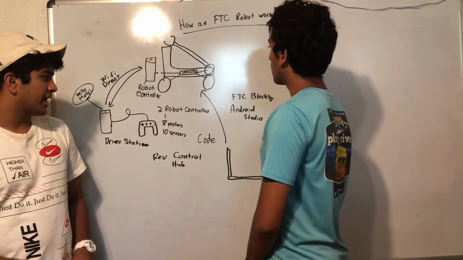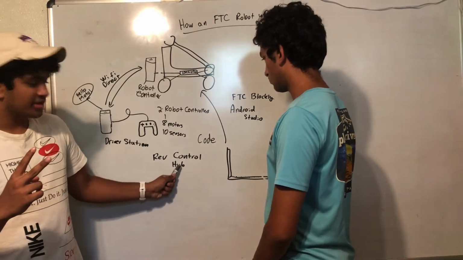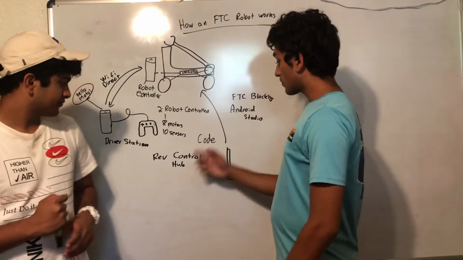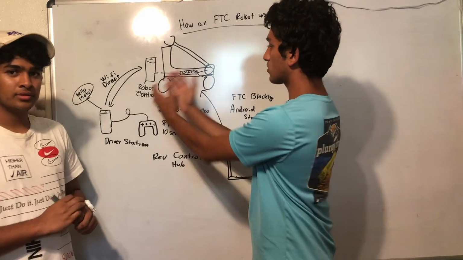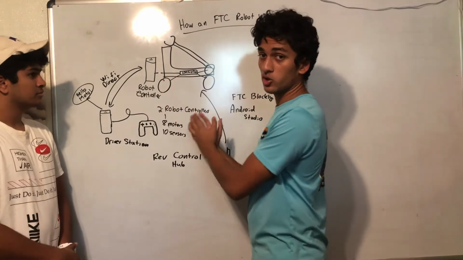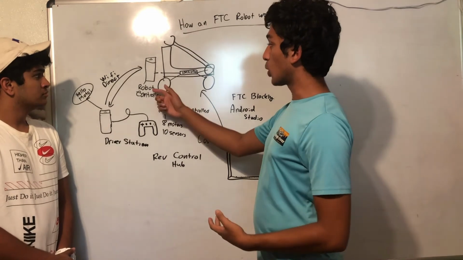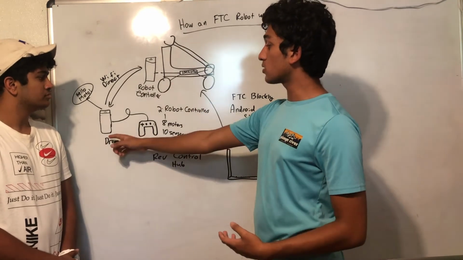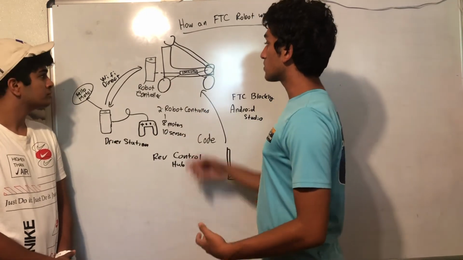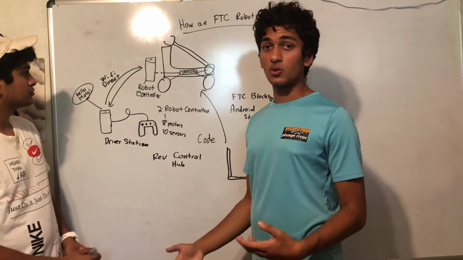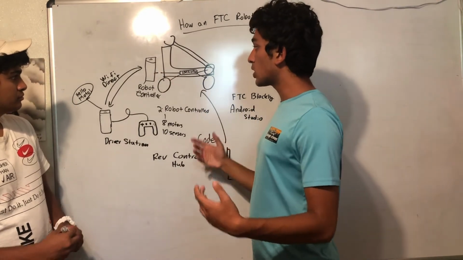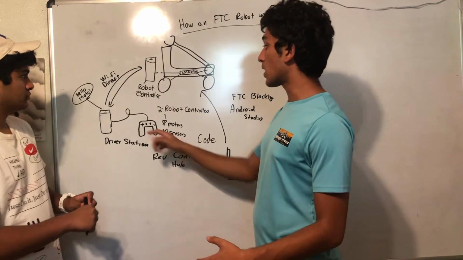The second thing is the FTC Rev Control Hub. The Rev Control Hub integrates the robot controller with the expansion hub. It takes the place of the expansion hub while acting as a robot controller, and it connects directly to the driver station. So this connection doesn't exist anymore. All you have to worry about is your Wi-Fi Direct signal and this connection.